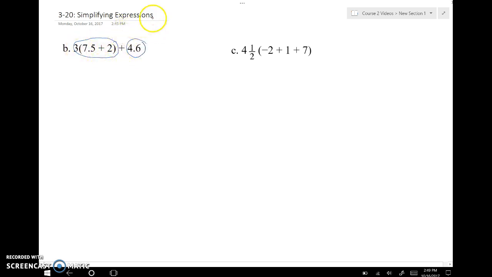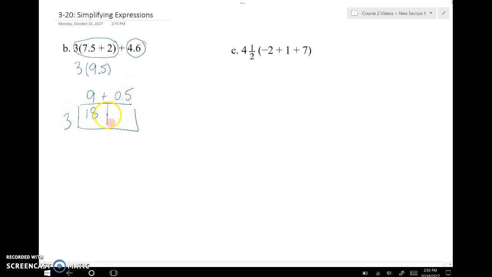So if I'm simplifying that, I can simplify this down first. 7.5 plus 2 is 9.5. And if I have 3 of those, well, I'm going to do it in parts. I'm going to say that this is 3. And I'm going to do this as 9 and a half. I'm going to do it separately. 3 times 9 is 18.